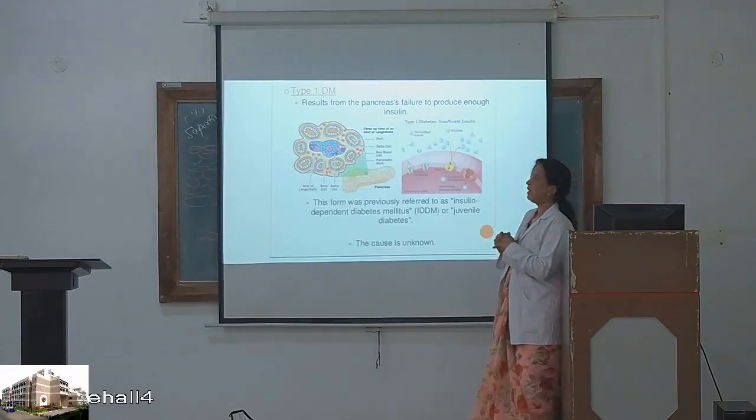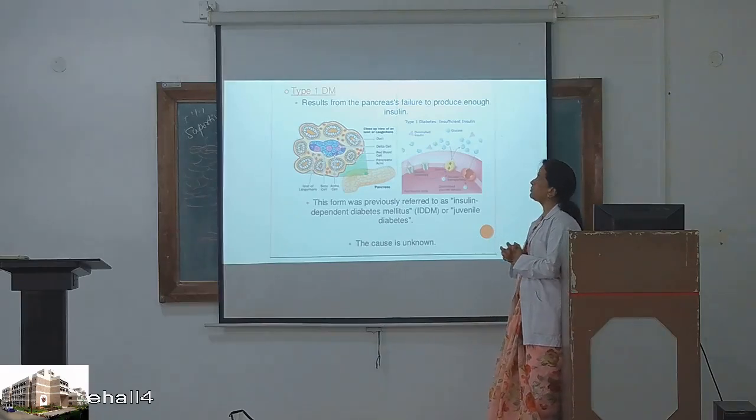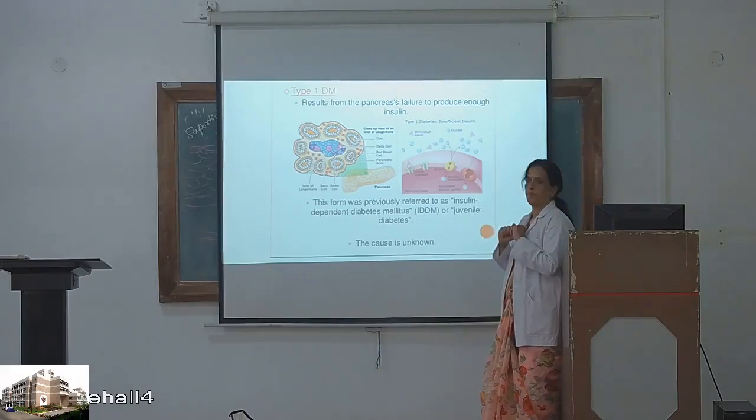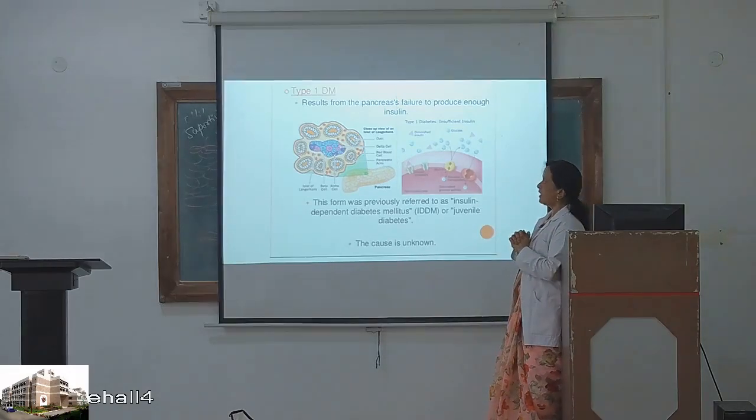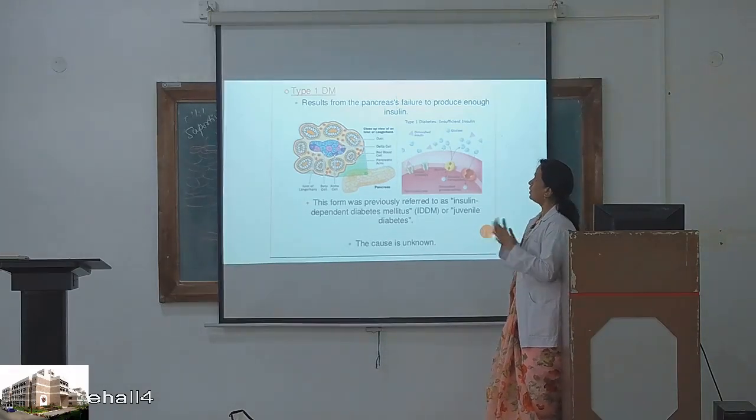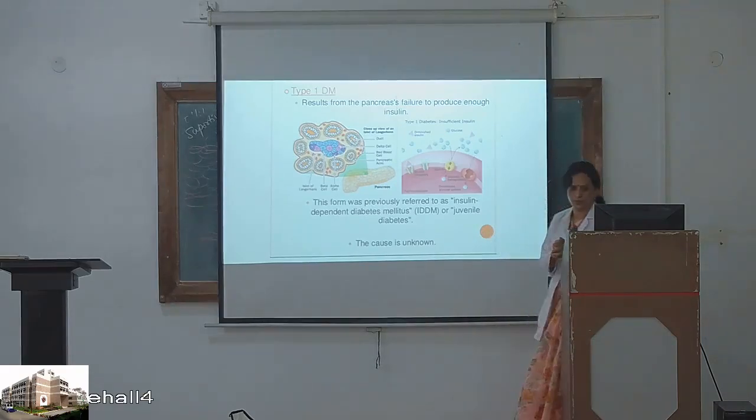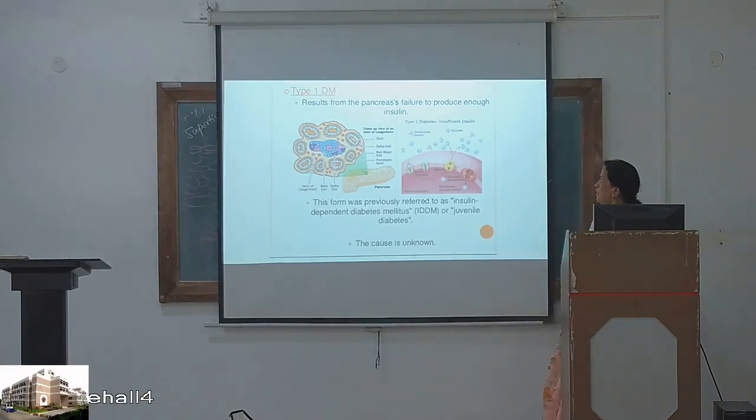Okay. Type 1 diabetes mellitus. So now we know we have called the pancreas the culprit there. Type 1 results from failure of the pancreas to produce enough insulin. So this was the one which was previously called insulin dependent.